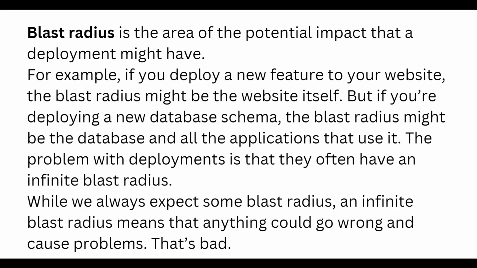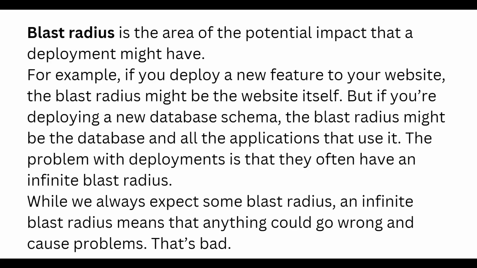So in layman terms, blast radius is something which is going to affect a part of your application or your entire application. Blast radius is the probable area where you can see the problem, right? So it could be your entire application or it could be a part of the application.